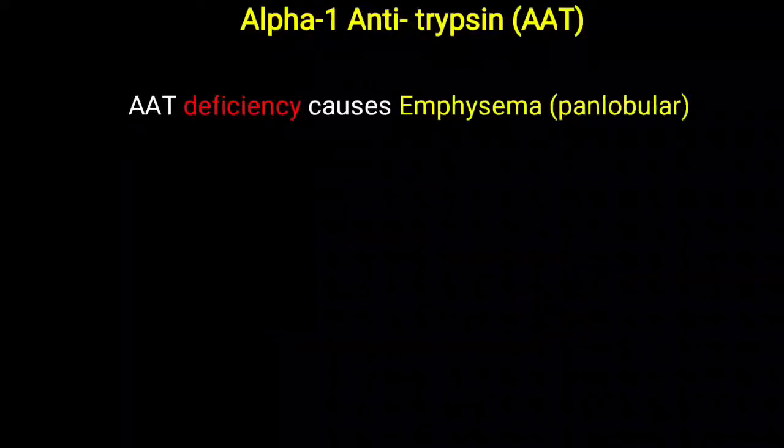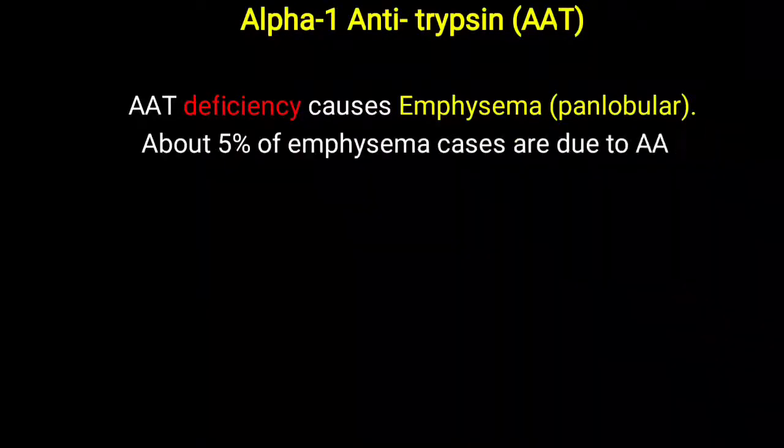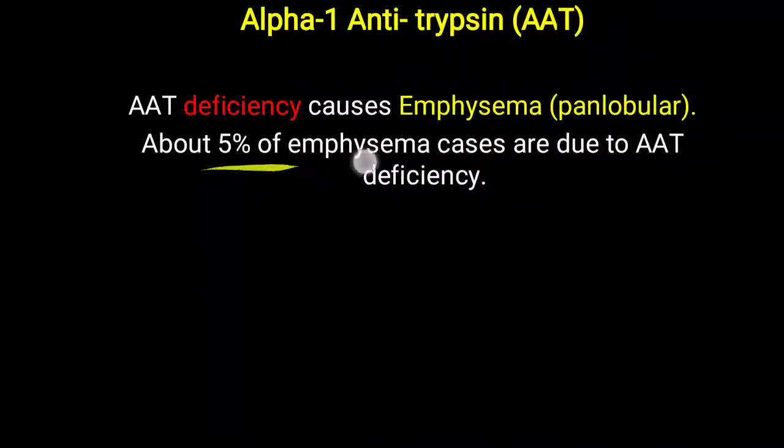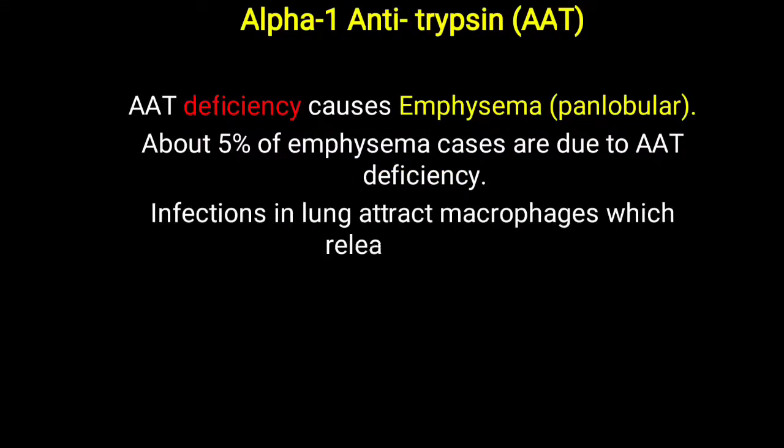Now, alpha-1 antitrypsin deficiency causes emphysema, particularly the panlobular type of emphysema, and about 5% of emphysema cases are due to alpha-1 antitrypsin deficiency. Generally, in a bacterial infection of the lung, macrophages are attracted and release elastase, and the ultimate target of elastase is to destroy the bacteria.